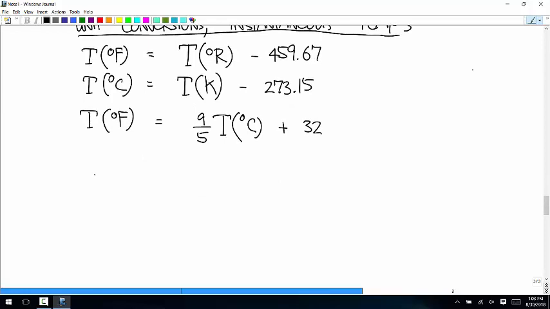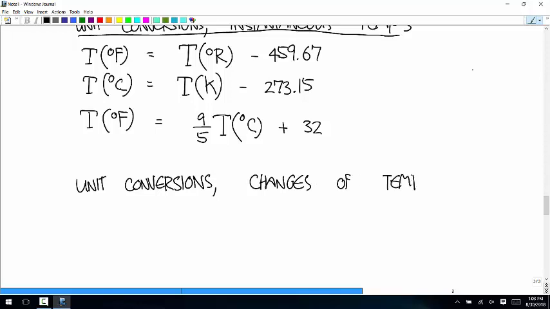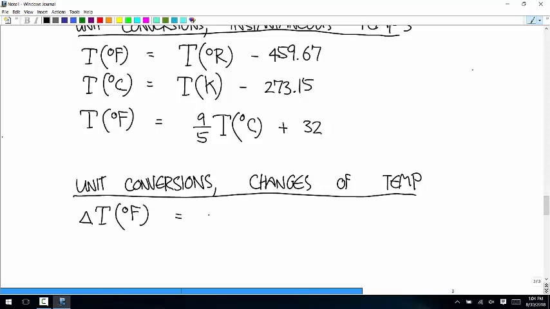If you're dealing with changes in temperature, so unit conversions for changes, let's say the change in temperature in degrees Fahrenheit is equal to the change in temperature in degrees Rankine.